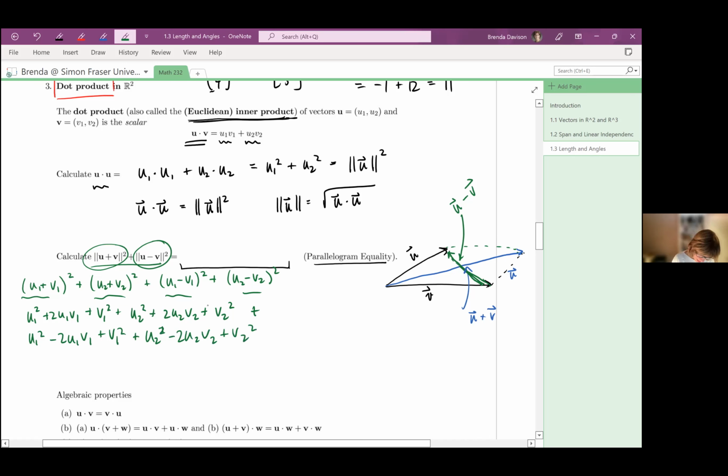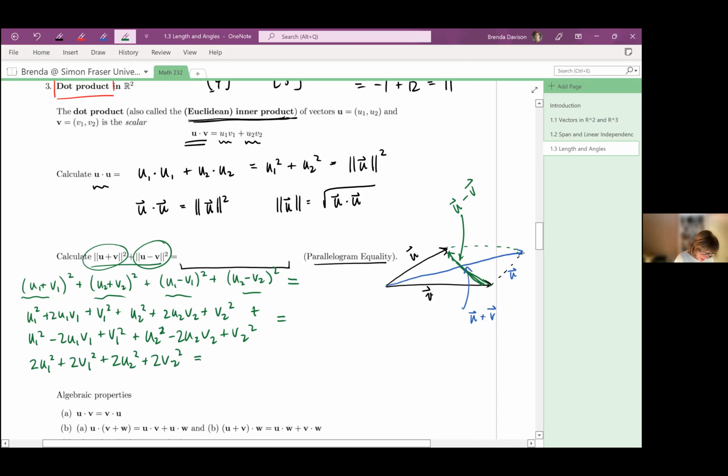Okay, so I have that expanded out now, both of those lines together. And as you can see, I can do some cancellations. And I end up here with 2u1 squared plus 2v1 squared plus 2u2 squared plus 2v2 squared.